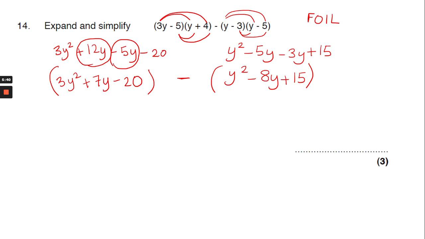So like terms, 3y squared minus y squared is going to give me 2y squared. 7y minus 8y is going to give me a positive 15y, so it's really important that you clock that there's a negative and a negative there. Then we've got minus 20 minus plus 15. So a plus and a minus make a minus. So this is minus 20 minus 15, which is minus 35. Okay, and that would be our simplified answer.